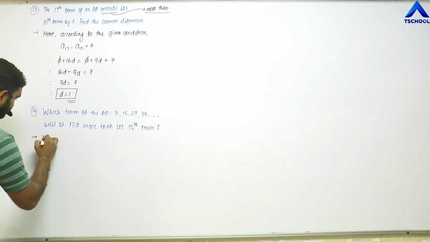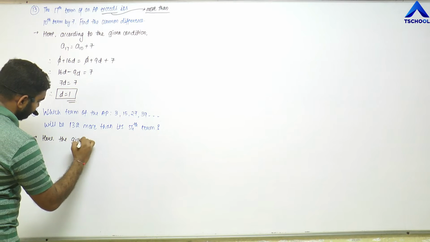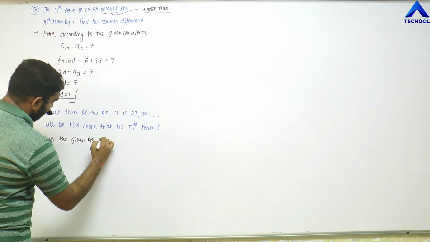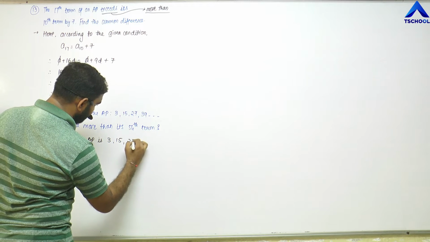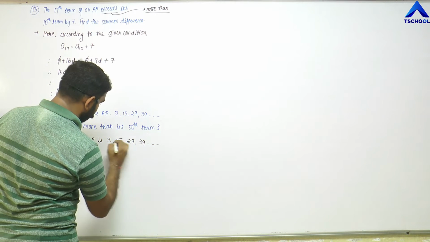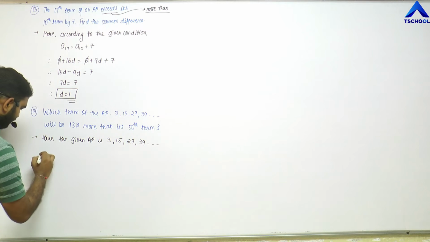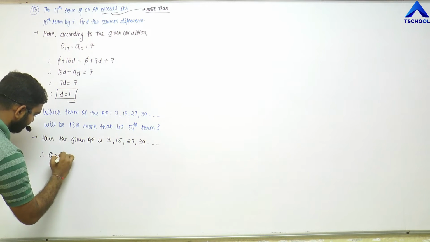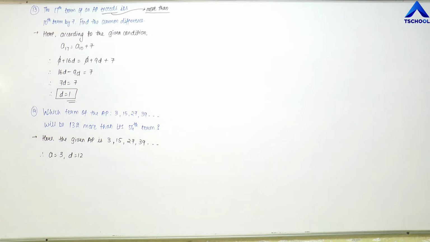So here the given AP is 3, 15, 27, 39 and so on, right? Therefore the first term a is 3 and the common difference d is 12, right? 15 minus 3 is 12, 27 minus 15 is 12. So we got this a and d from the arithmetic progression given.